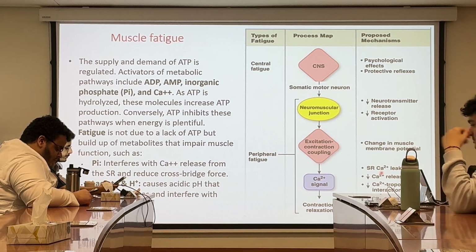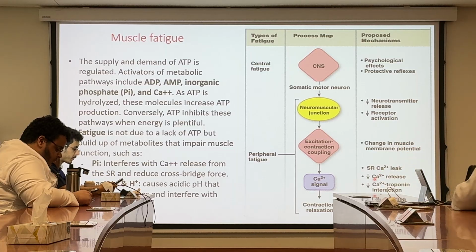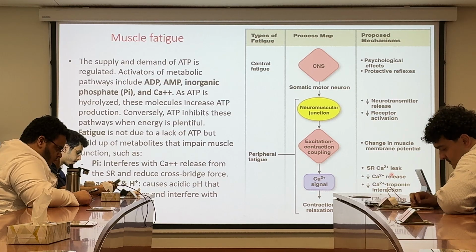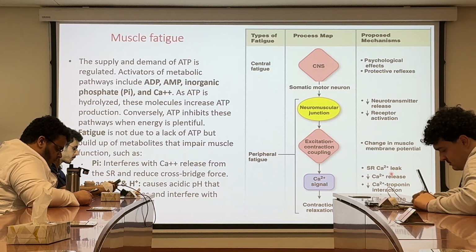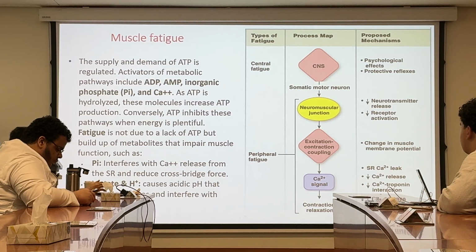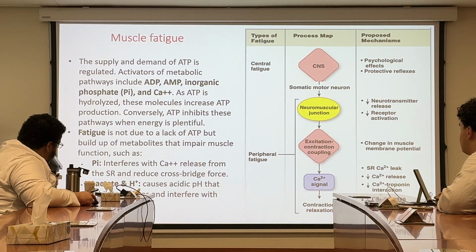So SR calcium leak, or decrease in calcium release, or decrease in calcium binding to troponin C. Again, these are all things that will take a long time; you've got to be doing really extreme exercises for all of this to happen. Then you have depletion theories, and I'll come to what phosphocreatine is in a minute, PCr. ATP, you know what that is, and glycogen. Now this gets depleted relatively quickly, and I'll give you the time scale in a minute.